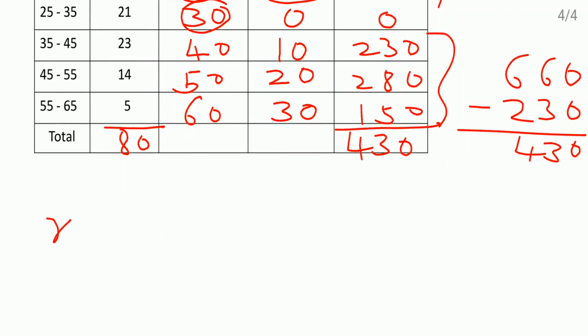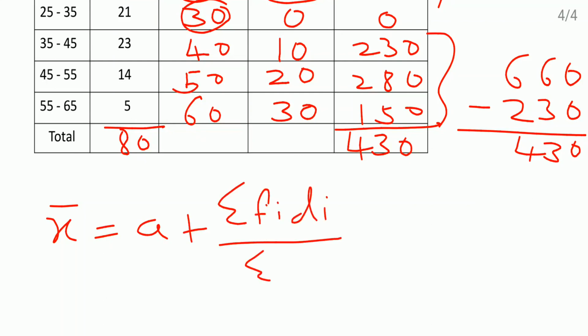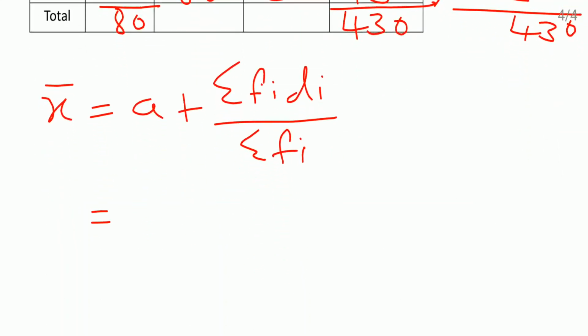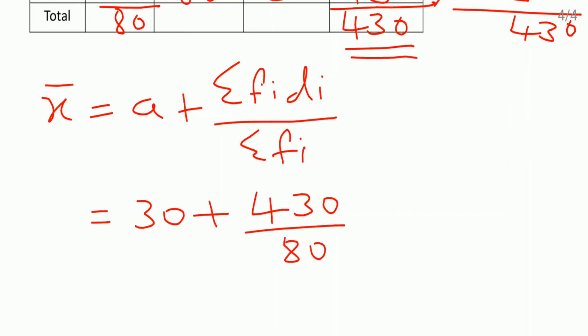The assumed mean formula is x bar is equal to A plus sigma Fi Di by sigma Fi. See here, value of A, assumed mean, what we considered, 30, plus sigma Fi Di, this value 430, divided by 80. 0, 0 cancelled.